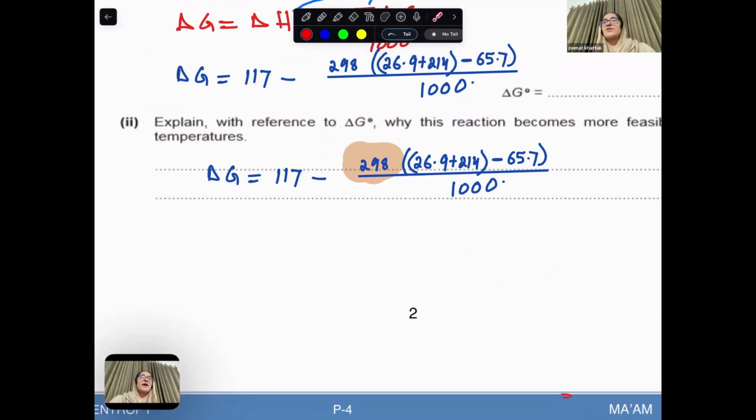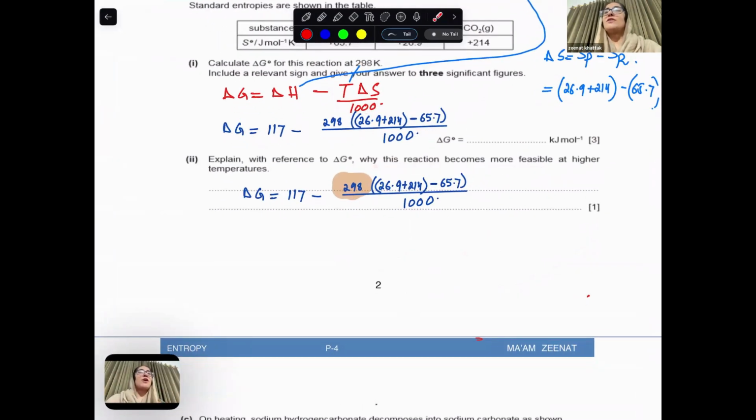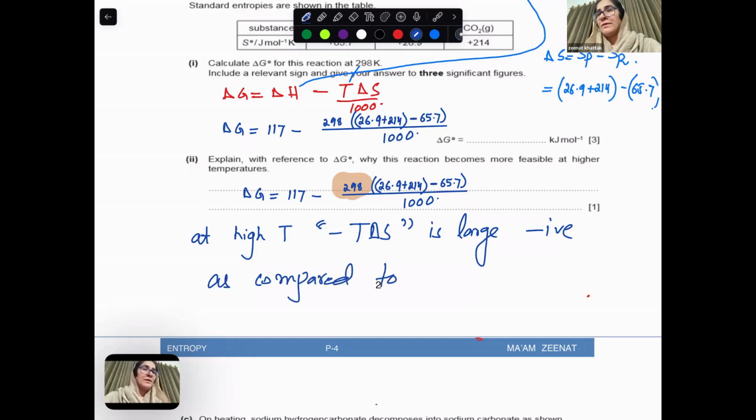So what are you supposed to write? More feasible. Why does this become more feasible at high temperature? Because at high temperature, you know my answer, at high temperature, minus T delta S is large negative as compared to positive delta H, the reaction is spontaneous, right?